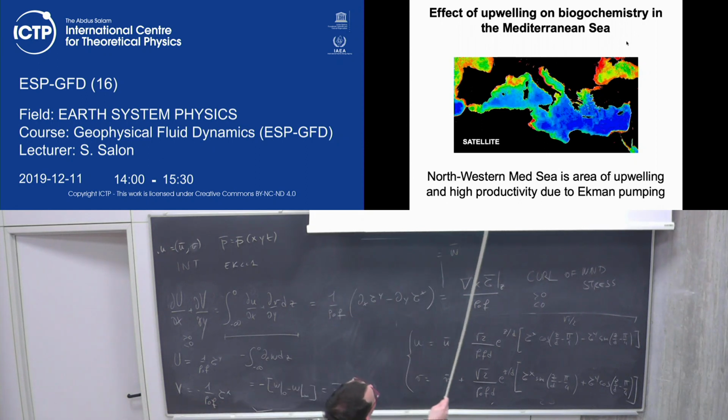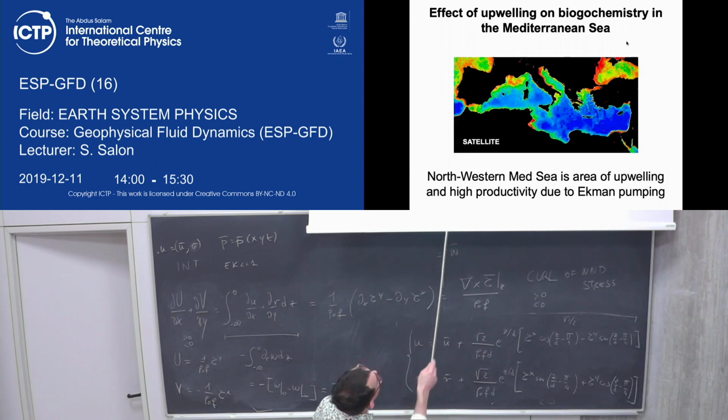So this is a map from satellite where you actually have the ocean color. Okay, so this is the visible radiation that the satellite measures from the top. And when you see blue, it means, let's say, poor water, so you don't have chlorophyll, okay?